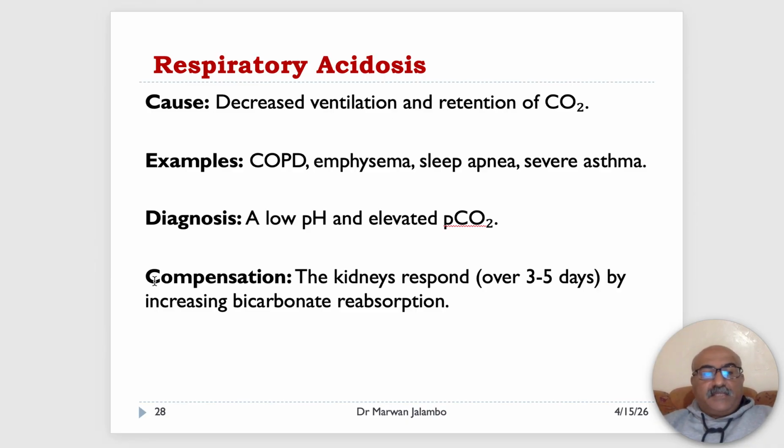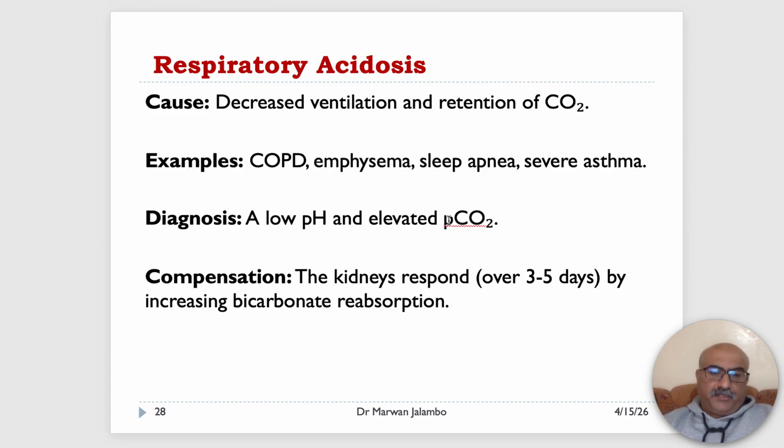This is commonly seen in patients with chronic lung disease like COPD or emphysema, or in cases of acute respiratory depression. The diagnosis is a low pH with an elevated PCO2.